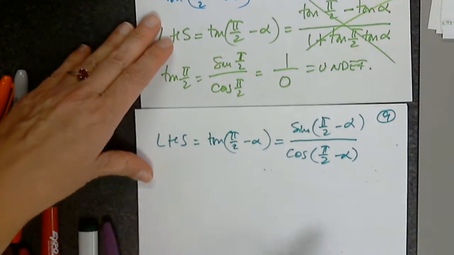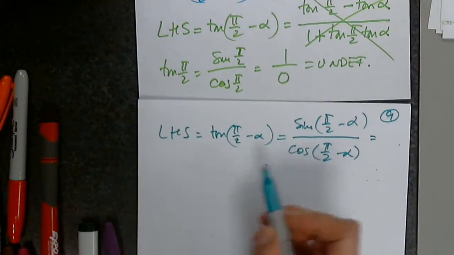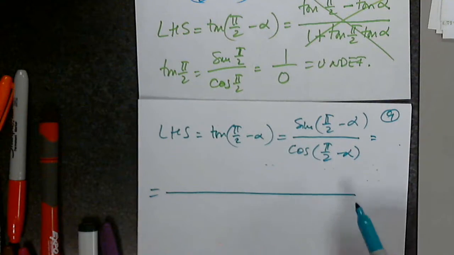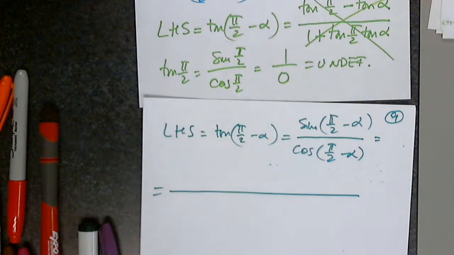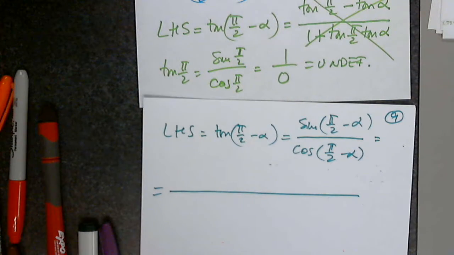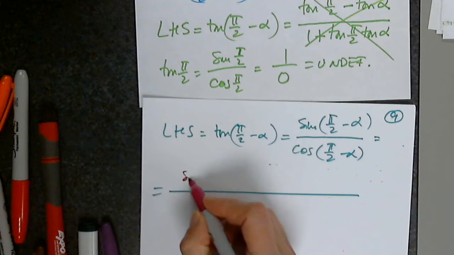Good. I do have a formula for each. The one that we know from 2 weeks ago, sine over cosine. Tangent is sine over cosine. Okay, now can anyone give us the formula for the top? Yes?